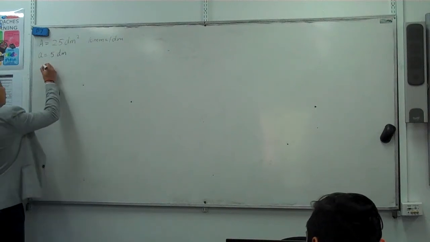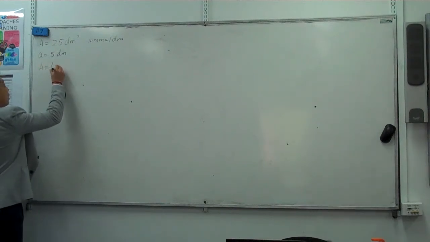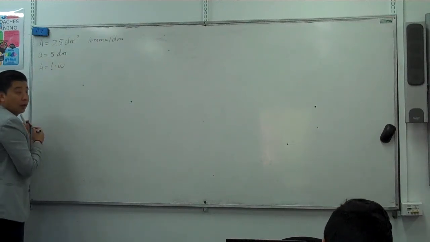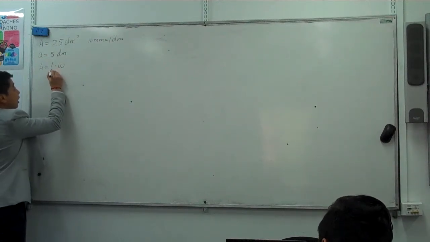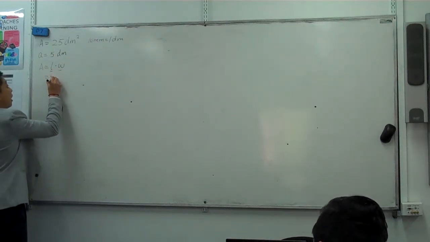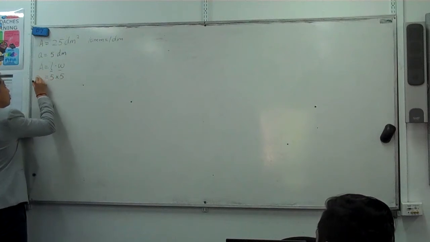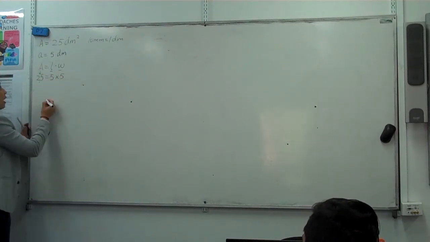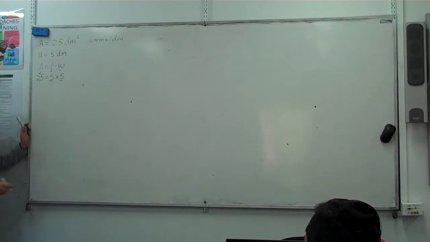Okay, he said because the area equals length times width, and then 5 times 5 equals 25. Because this is a square, so length equals width. So we can have 5 times 5 equals 25. That's why the area is 25, and then the two sides are 5 each. Is that correct? Okay, good.